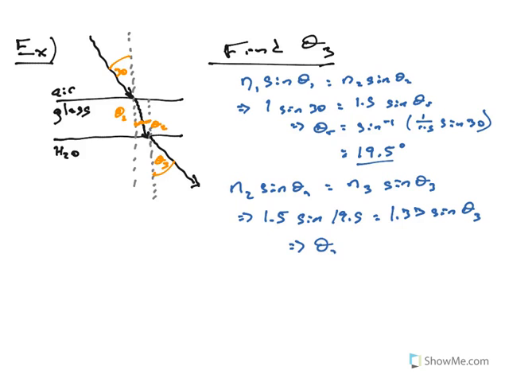So again, theta 3 is inverse sine of 1.5 over 1.33 sine 19.5. All right, so 1.5 over 1.33 inverse sine, I get 22.1 degrees.